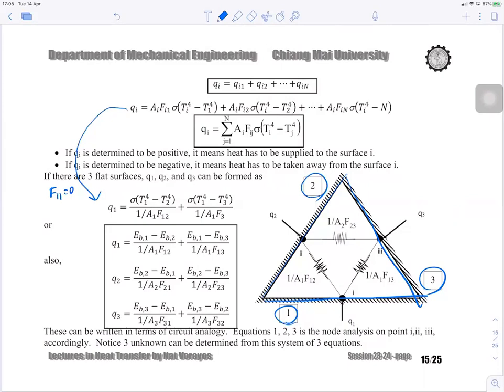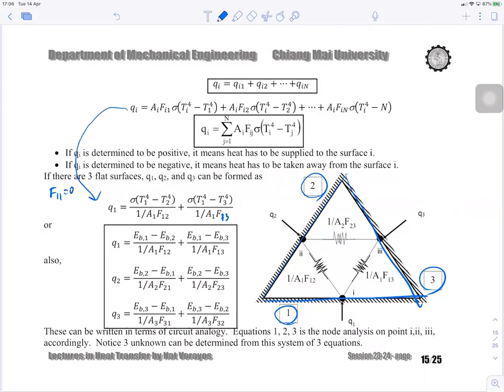I do the same for the second term. Oh, I missed this one. It should be 1, 3. I'm sorry, make the correction to 1, 3.